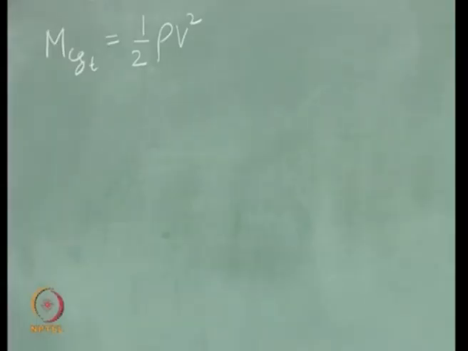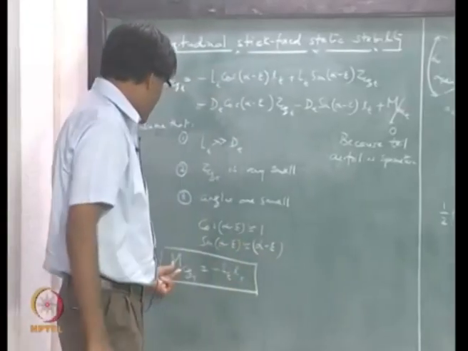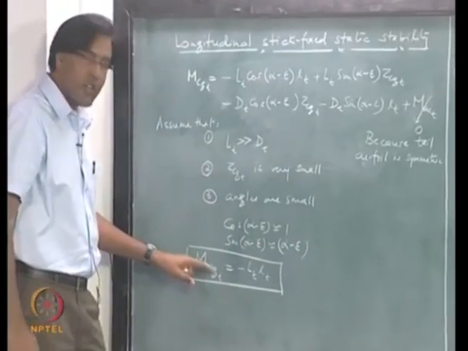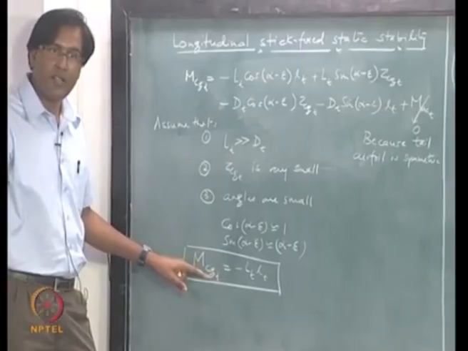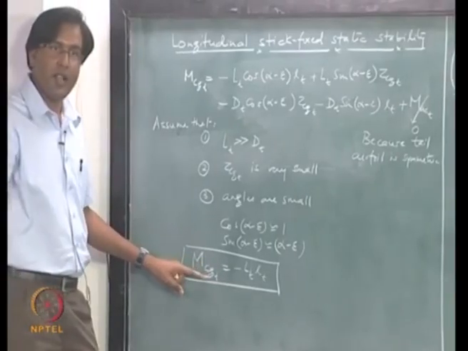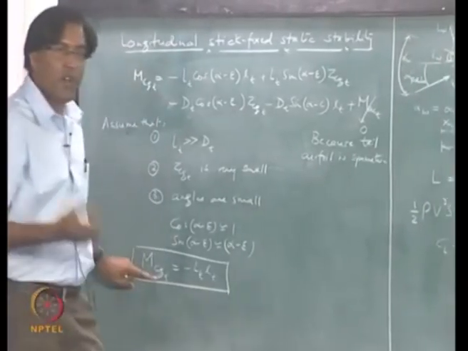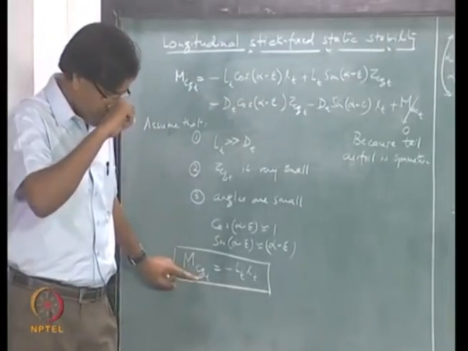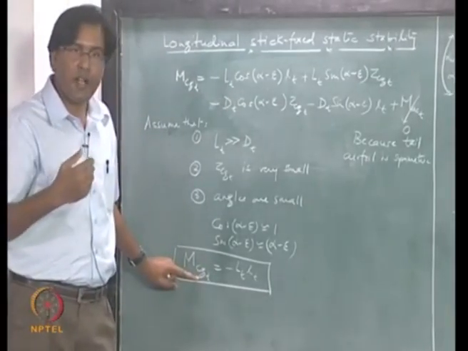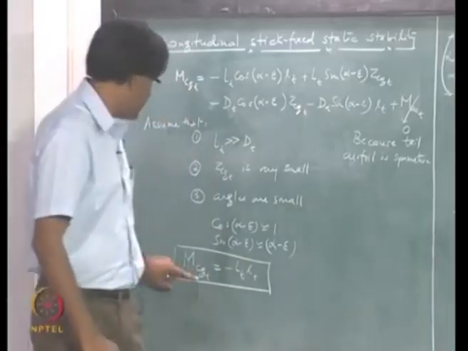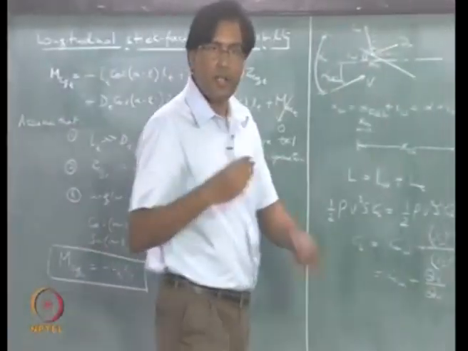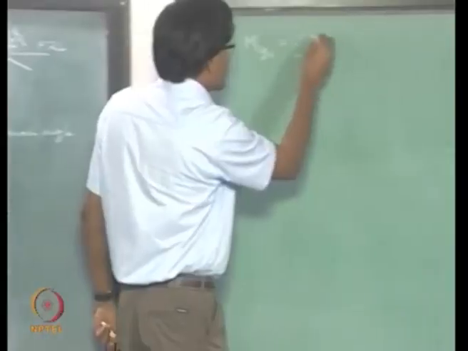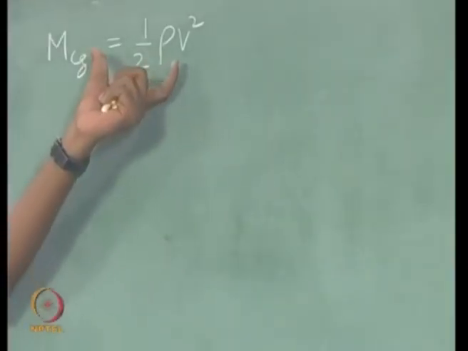So, I am going to non-dimensionalize the quantities. Remember, this is the moment about the center of gravity due to the forces on the tail, right. But if you talk about the non-dimensionalized coefficients, then the reference is that you have to take these quantities at the wing, right.